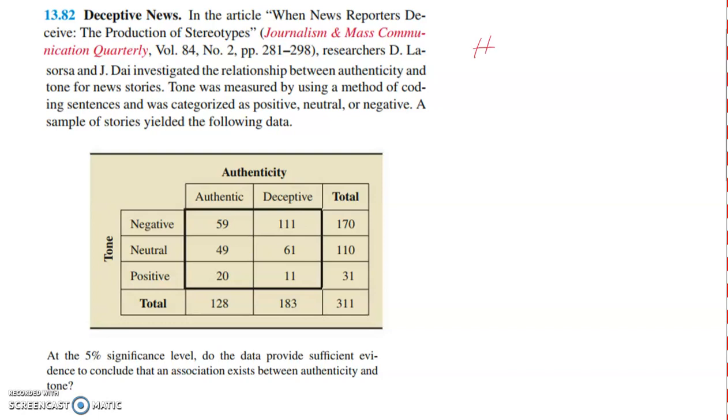So let's start with our two hypotheses. When we're doing a test for independence, you can talk about independence or you can talk about association. For this particular problem, remember, it's always easy to come up with the alternative hypothesis first by reading this question. An association exists between authenticity and tone.